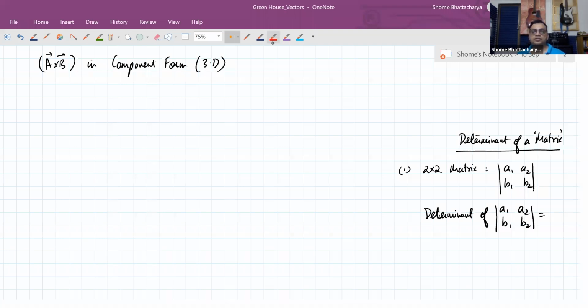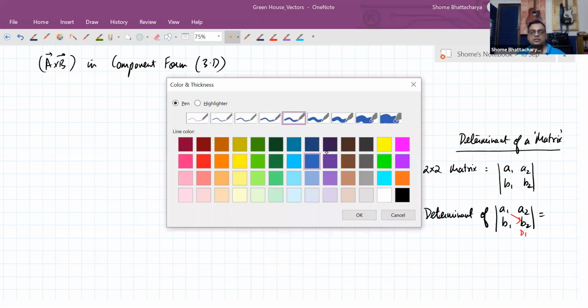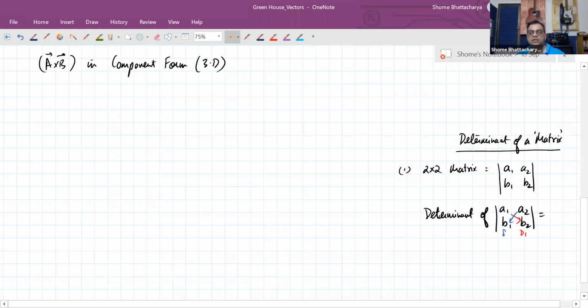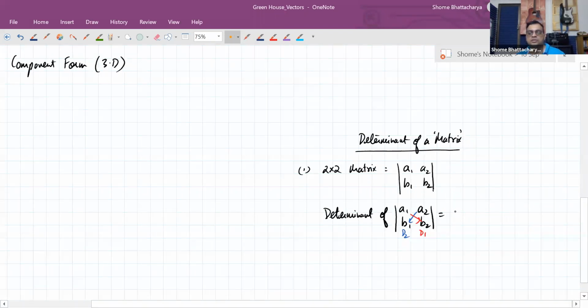What we do in this process is we calculate this diagonal, let's say d1, and then we calculate another diagonal which is this one, d2, and that becomes a1 b2 minus a2 b1. So this value that we get here is called the determinant of this 2 by 2 matrix.